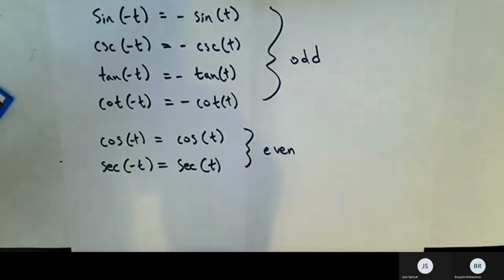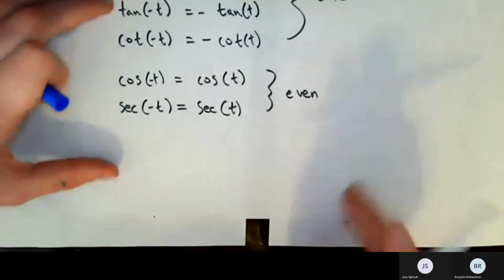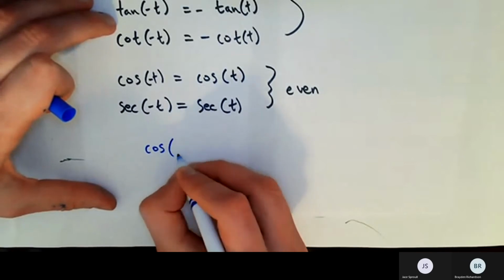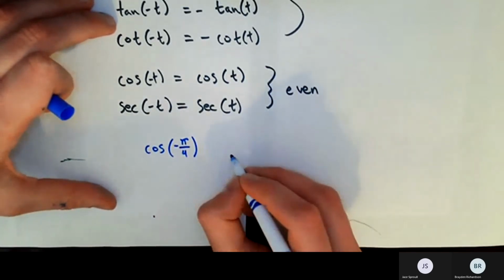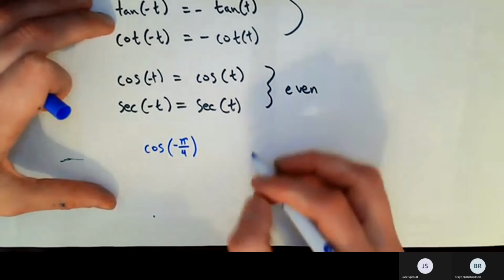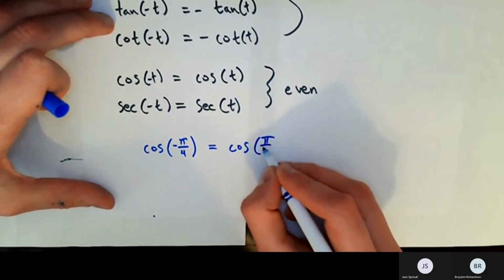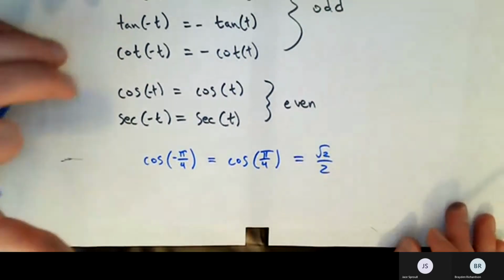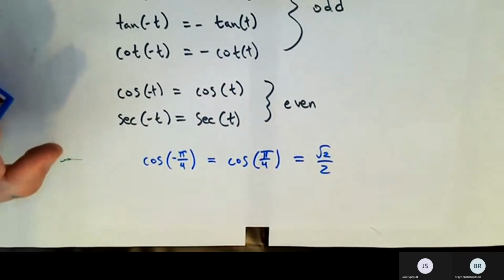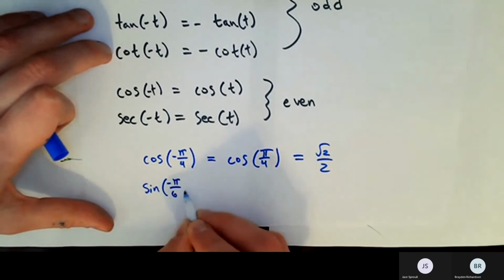So that means if I said find cosine of negative pi on 4, you could just say, well, that goes this way, but wait, I don't need to do that because I can just say that's the same as cosine of pi on 4. And I know that is just square root of 2 over 2. So I don't need to worry about the negative. Or if I said, what's sine of negative pi on 6?